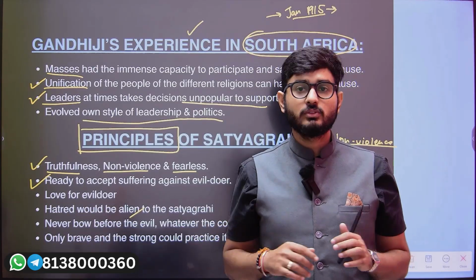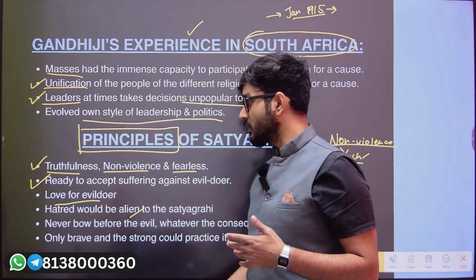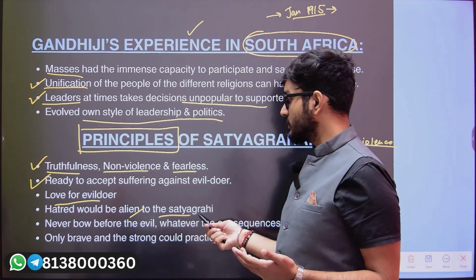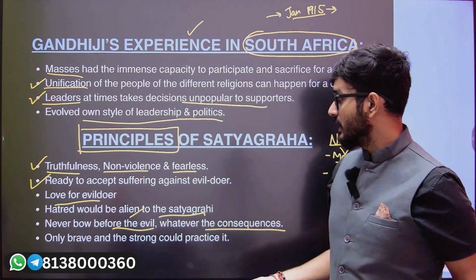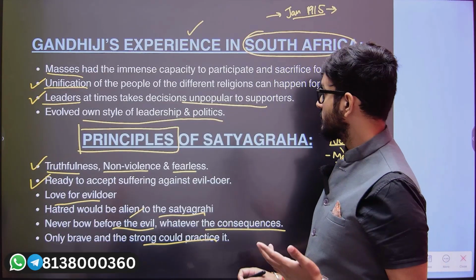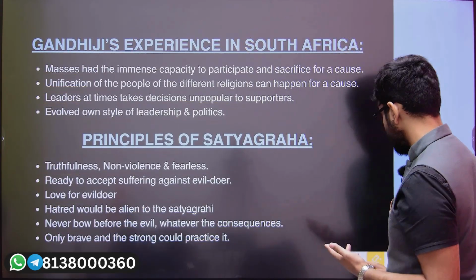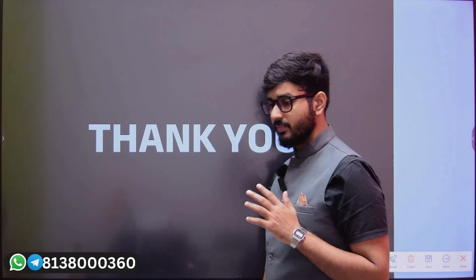These were the principles he had understood: love for the evildoer, hatred would be alien to the Satyagrahi, never bow before evil, whatever be the consequences, and only the brave and strong could practice it. These were the principles of Satyagraha.